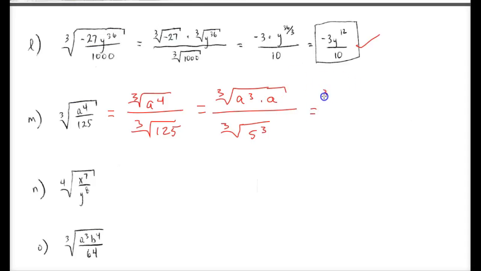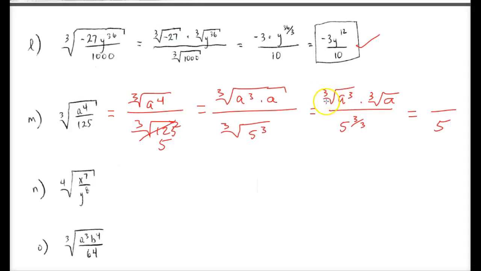Okay, so now from here we split it up like that, and we rewrite the bottom as 5 raised to the 3 divided by 3. I'm just doing this to show you alternative ways. If you know that this is just 5, you can just write 5.